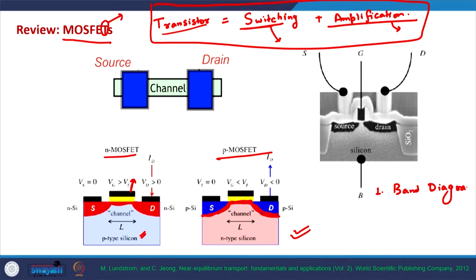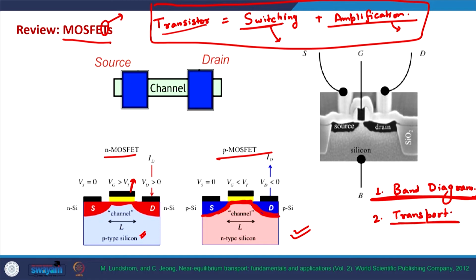We need to understand in a very good way the band structure or the band diagram of the transistor, especially in MOSFETs. That gives a very intuitive and extremely important qualitative idea of the entire mechanism of MOSFETs. So this band diagram is quite important. And second is the transport.